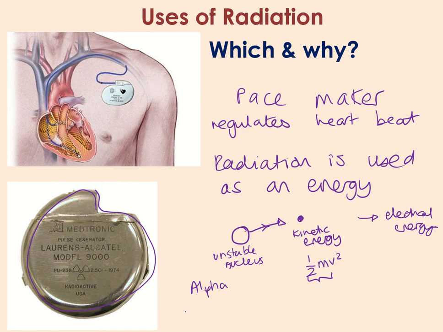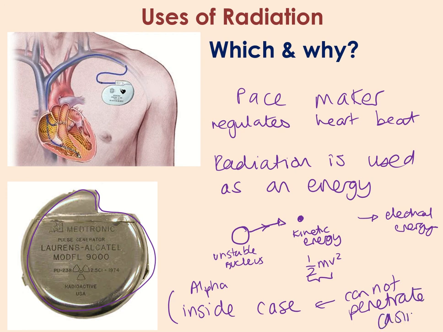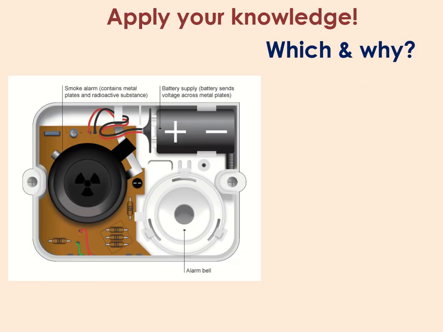So because it's alpha, it's absolutely fine that it's inside the body, because it's inside the case, so it cannot penetrate the casing of the pacemaker. So this is a real picture of a pacemaker, and you can see that it's got the radioactivity sign on there. So I've given you a few examples of talking you through what the choice of radiation is and why.